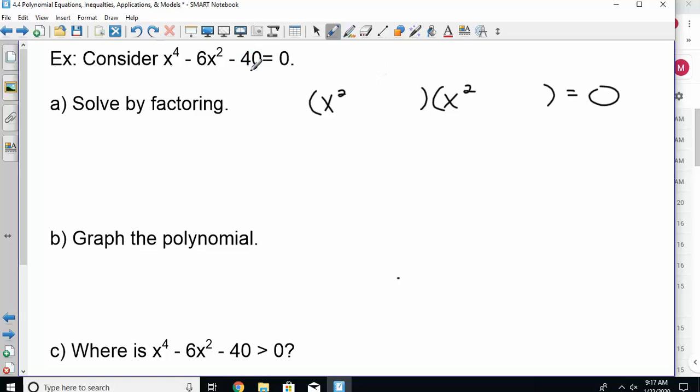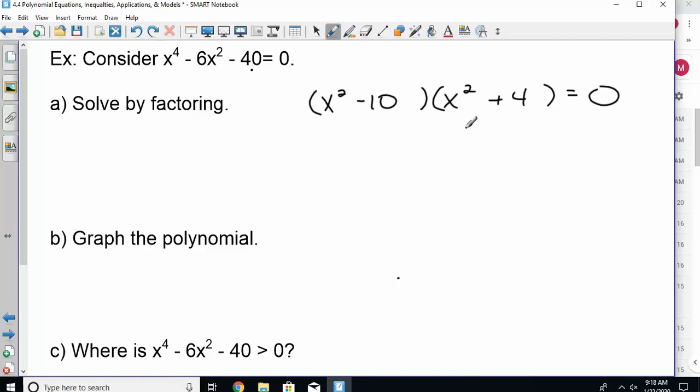Okay. Then I need 2 numbers that multiply to negative 40 and add to negative 6. Negative 10, positive 4. Okay.